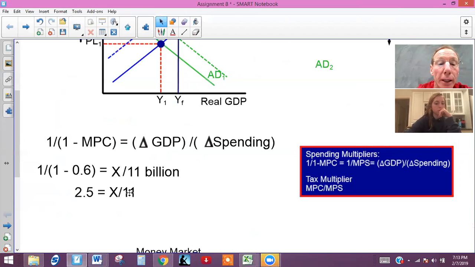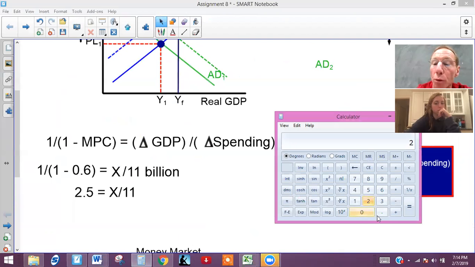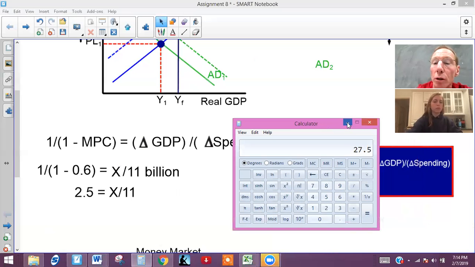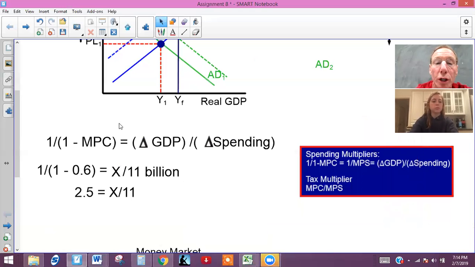Then you multiply by 11, simple algebra: 2.5 times 11 equals 27.5. So the change in GDP would be an increase of 27.5 billion. You're going to get several questions on the quiz where you need to use this formula in different ways to figure out whatever they're asking, so make sure you've got this handy.